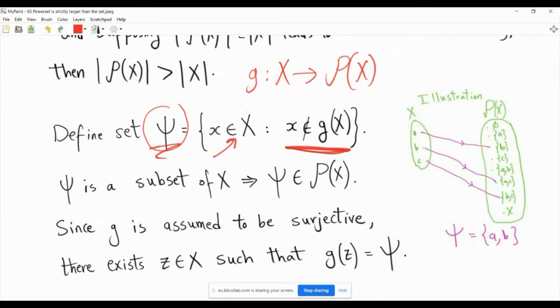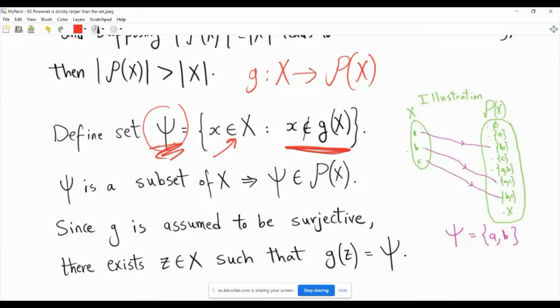And for finite sets, it's clear that if a set has n elements, the power set has 2 to the power n elements, and you can never establish a bijection. But the proof is to serve our purposes for infinite sets. So this is just an illustration, but it is nice to understand exactly what set psi is.